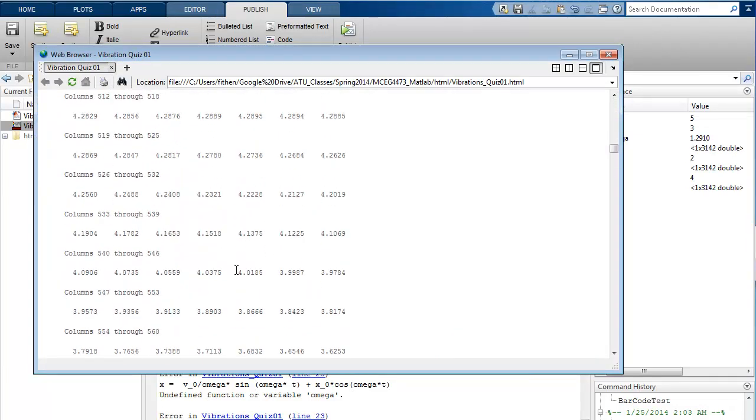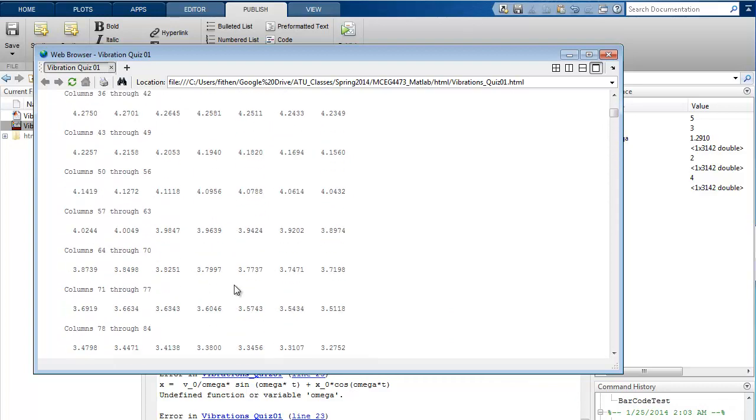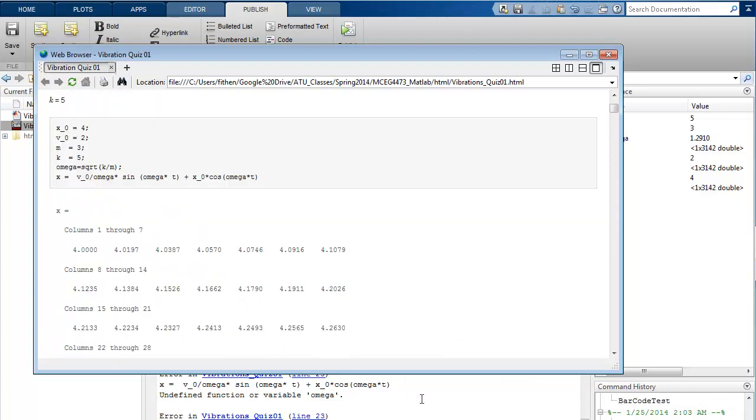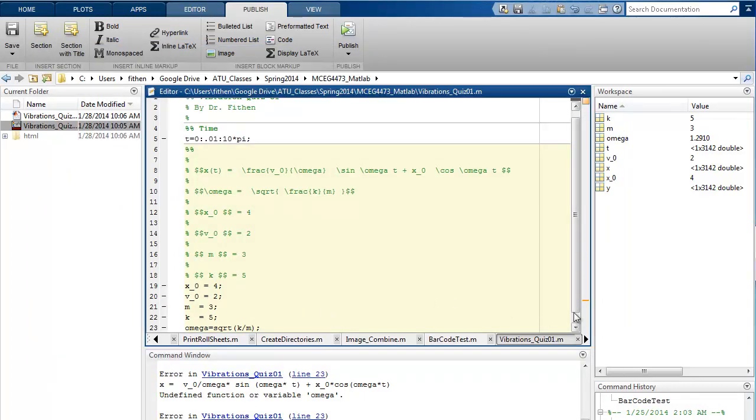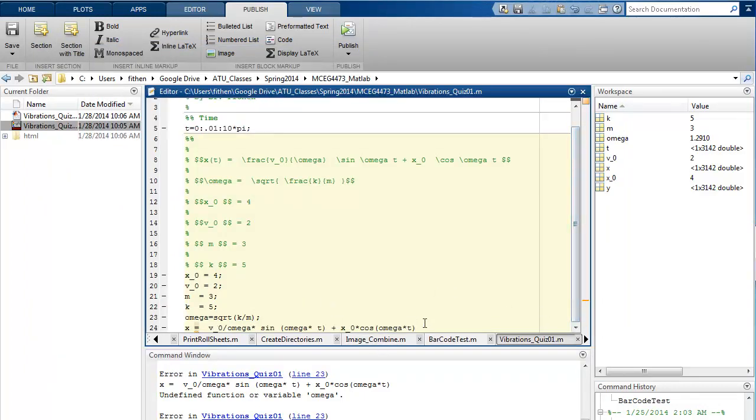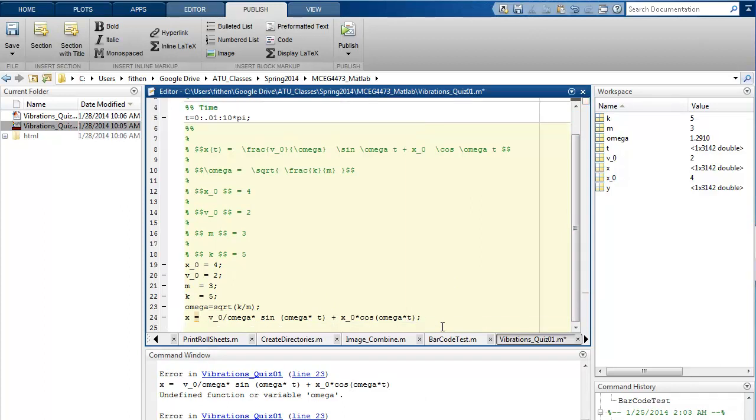I don't need all this data. What I'd really like to see is I'd like to see it plotted. So I'm going to go back and put a bracket after this, and then I'm going to do a plot of time versus x.